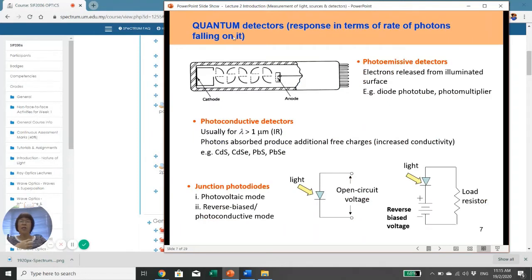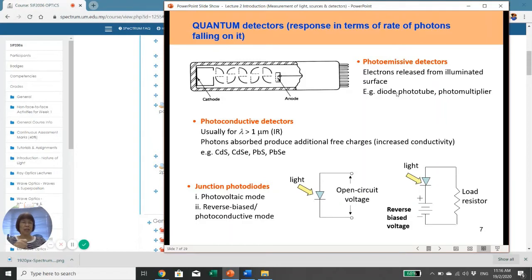Now, we have the quantum detectors, which are fast detectors, and they respond to the rate of photons actually falling on them. One example is the photoemissive detectors, whereby electrons are emitted from the photocathode. They are light sensitive within a certain wavelength range, and light falling on it will overcome the work function and release electrons.